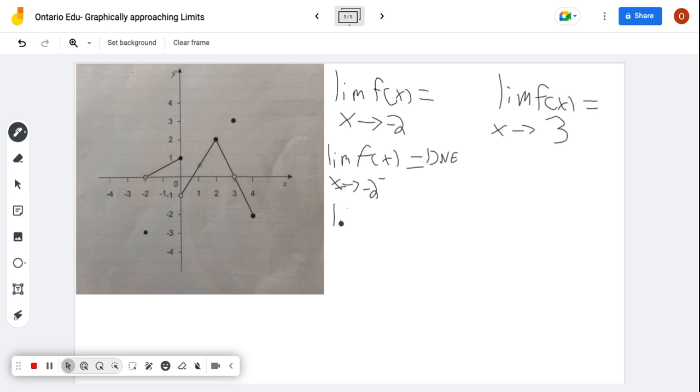Now let's check from the right hand side. Now from the right hand side, again, if you just follow the graph, let's start from here, we go, boom, and we stop here. Now, although this is a hole, the graph is still approaching the y value here, which is at 0.